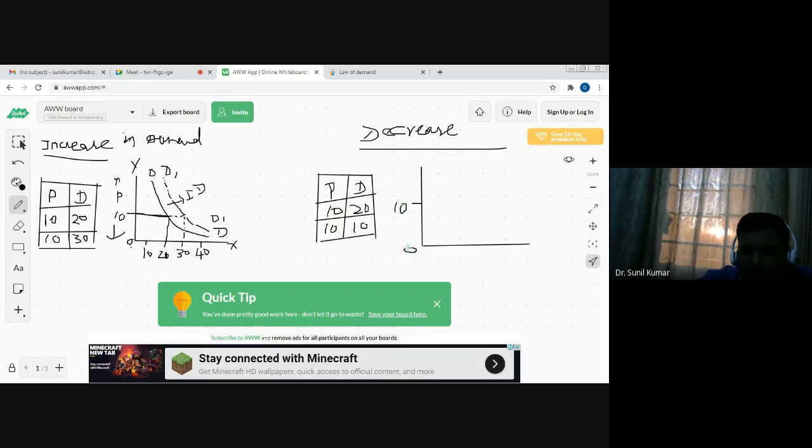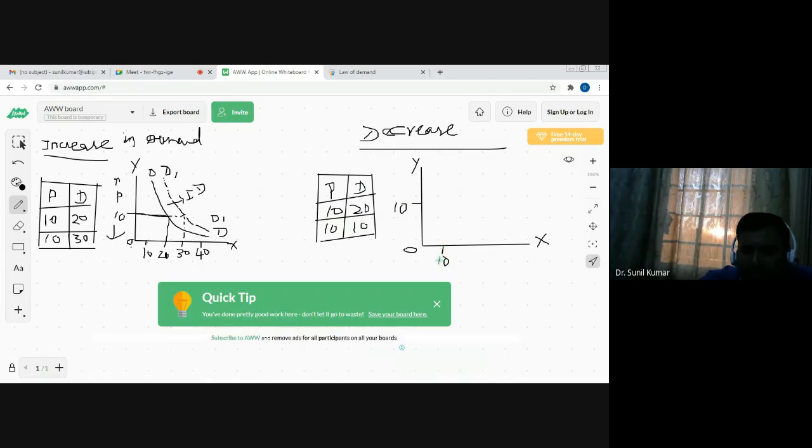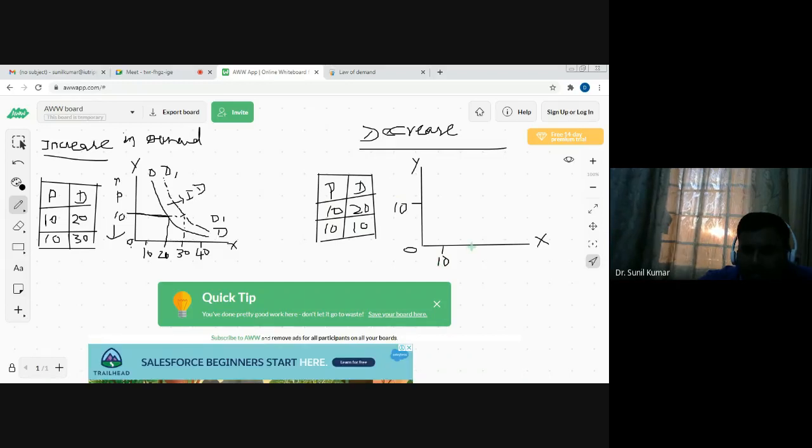We have to write 0, y, and x. Now the physical distribution will be done: 10, 20, 30. On 10, first 20 is there.